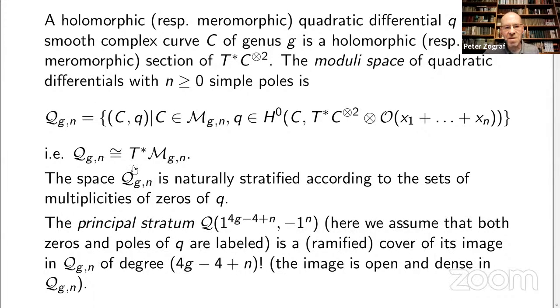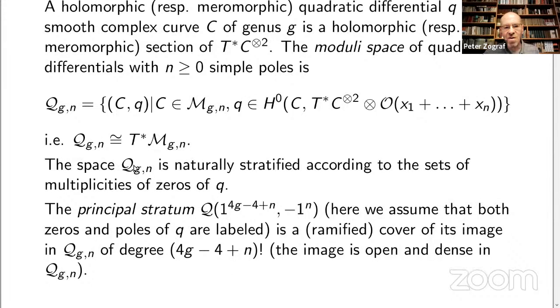The space Q(g,n) is naturally stratified according to the sets of multiplicities of zeros of Q. A generic situation is when all zeros are simple.